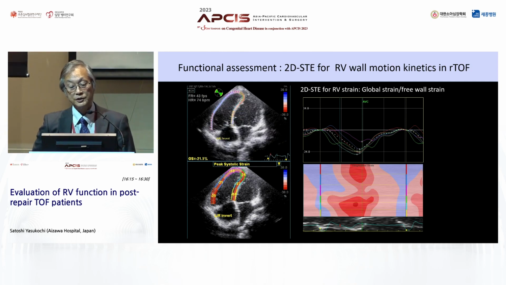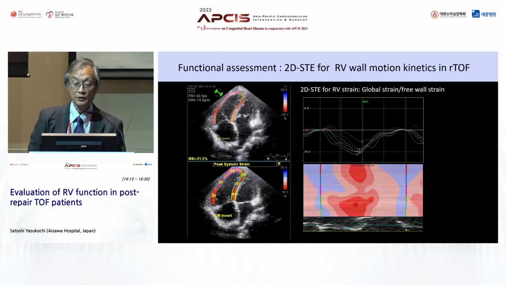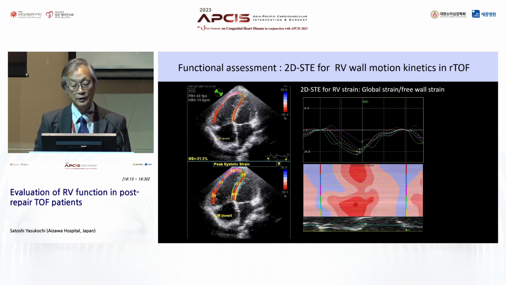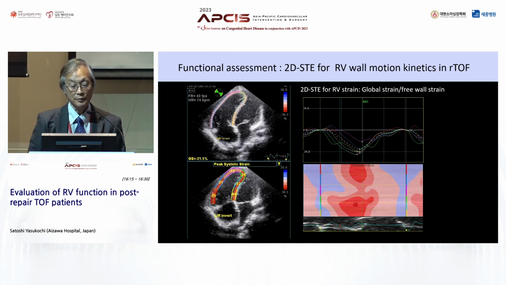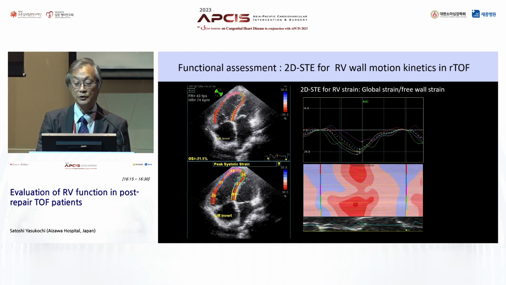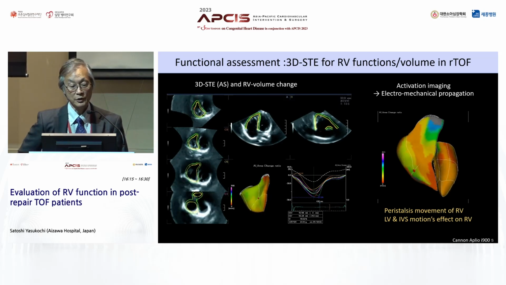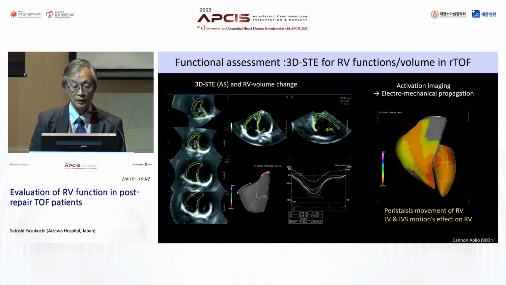This is an example of 2D speckle tracking for RV wall motion kinetics in post-repair tetralogy of Fallot. We can draw a region of interest, and then get the global strain and the free wall strain in the RV. And this is functional assessment using 3D echo.